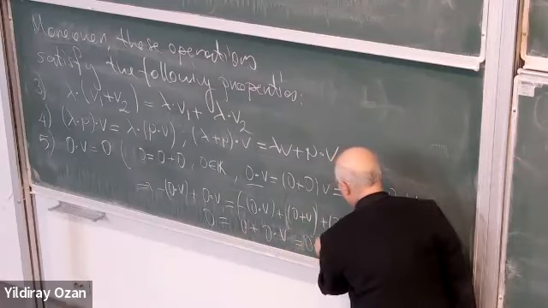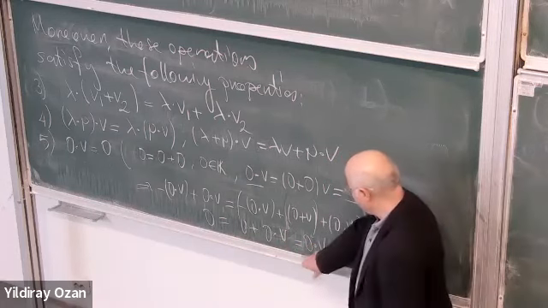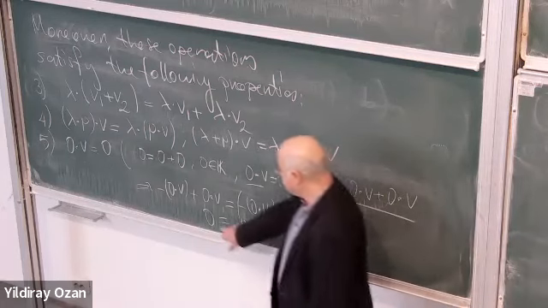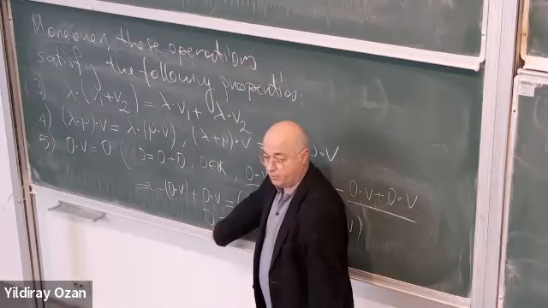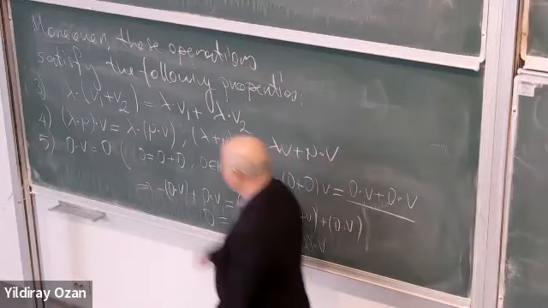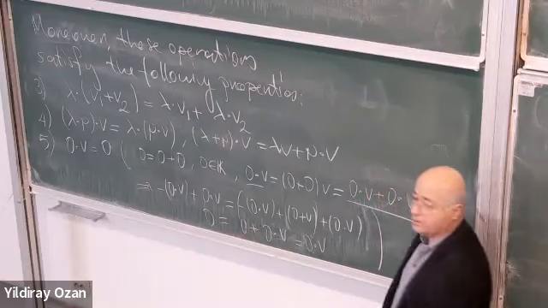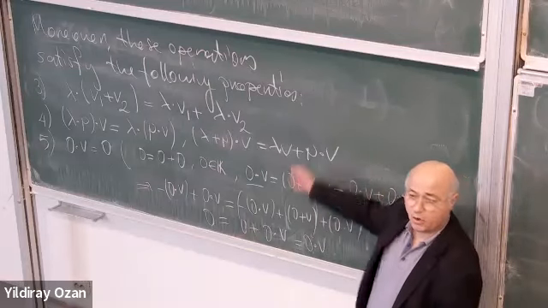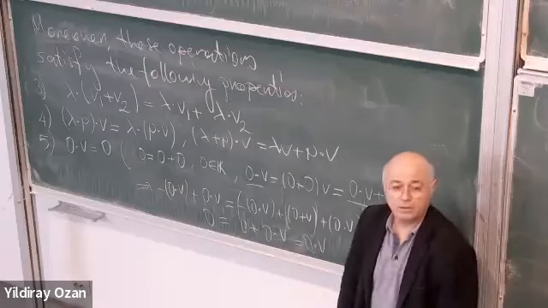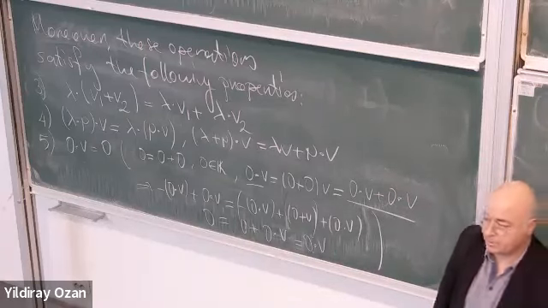Therefore, this is 0 times B. Therefore, what we get is 0 times B equals 0. Okay. Therefore, this property is not an independent assumption, but it is a consequence of our definition of vector space.